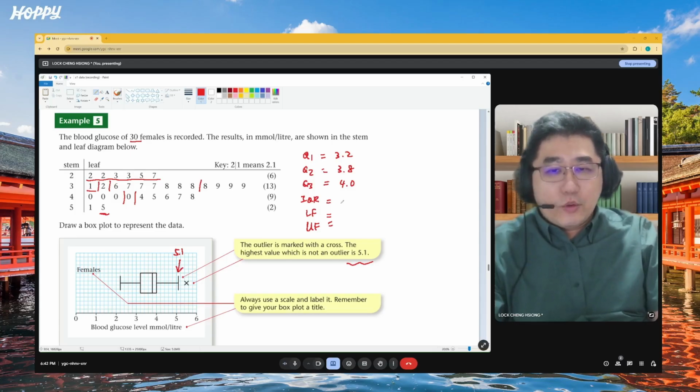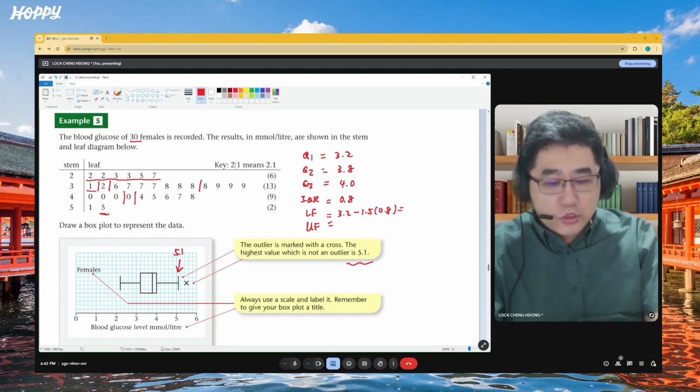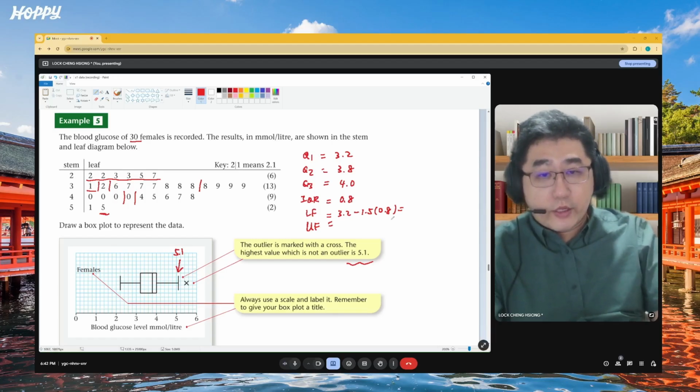So from the IQR here, I have Q3 minus Q1, 4.0 minus 3.2, you have 0.8. And the lower fence here, you have 3.2 minus 1.5 times the IQR. So let's do the calculation. 1.5 times 0.8, so I have a value 2.